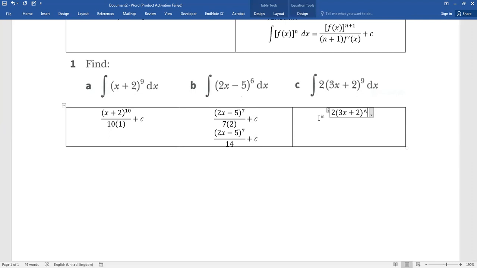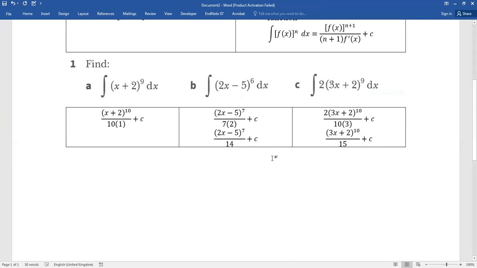What will be the power now? 10. And I must divide by 10. And what is the derivative of the function? 3. I must simplify for my own betterment. Divided by 15 plus c. Is this clear now? Yes, sir.